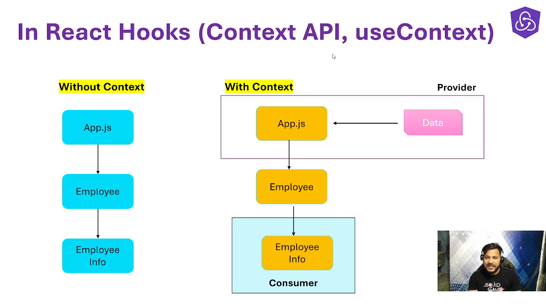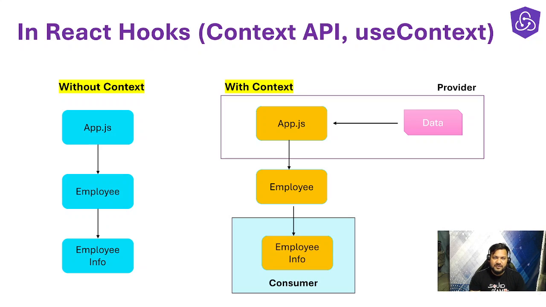Using the context API and useContext, we have already covered this topic in detail in our previous video. You can watch this video; I'm going to share the link in the description as well. It helps us share data between components, not only to the child but to any component in the application using useContext, which is good.